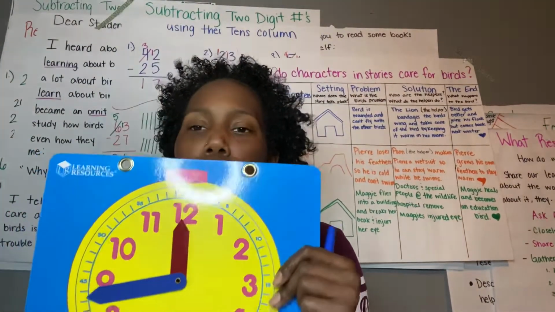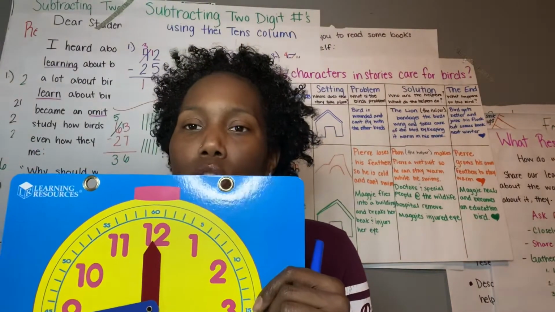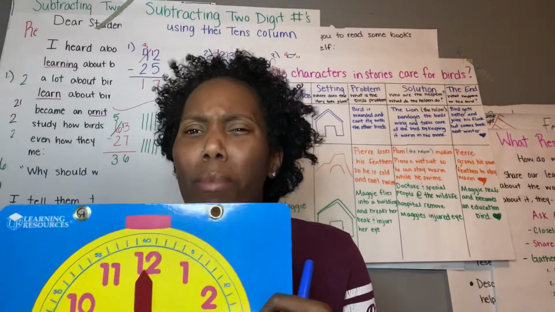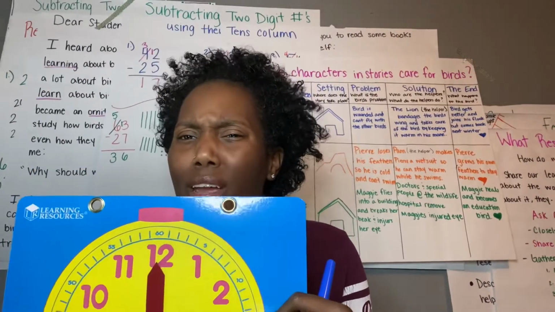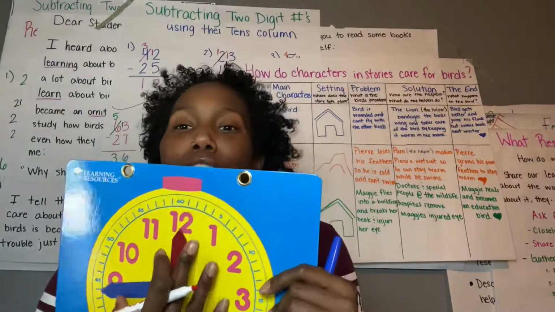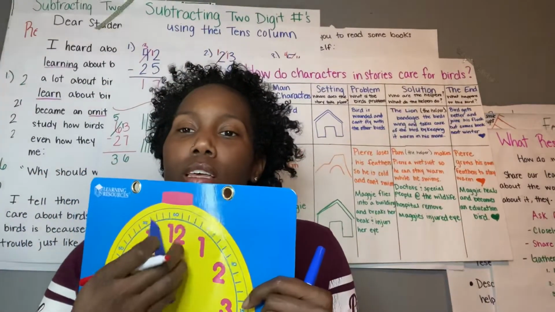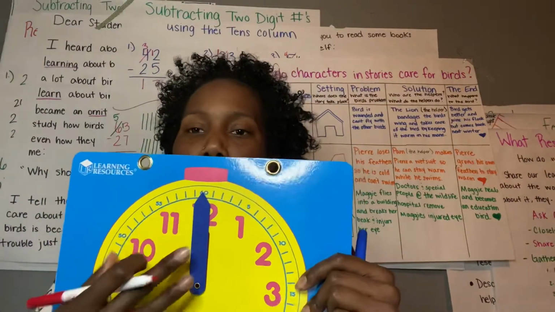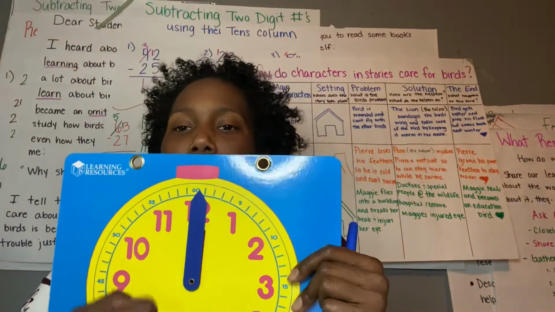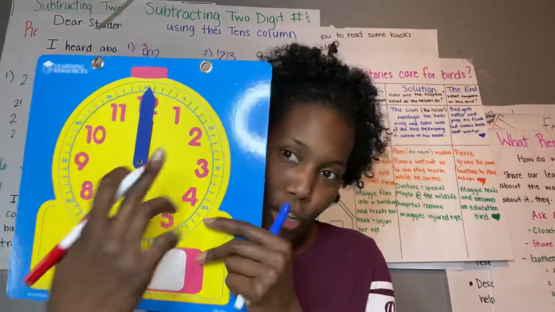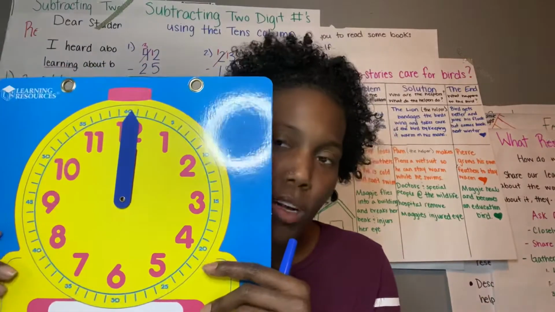But I'm also saying it's 12 o'clock, and I know when I say it's 12 o'clock, that means it's a new hour starting. So my minute hand goes where? Yep, it goes on the 12 too. So both hands are on the 12 for 12 o'clock. You can't even see that red one there, but you don't see it anywhere else, so you know, oh, it must be 12 o'clock.